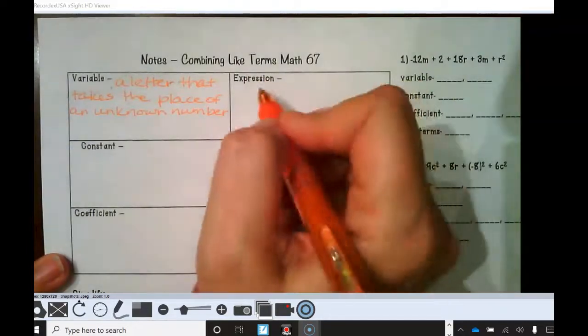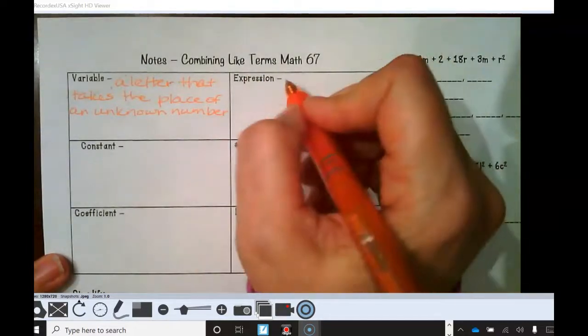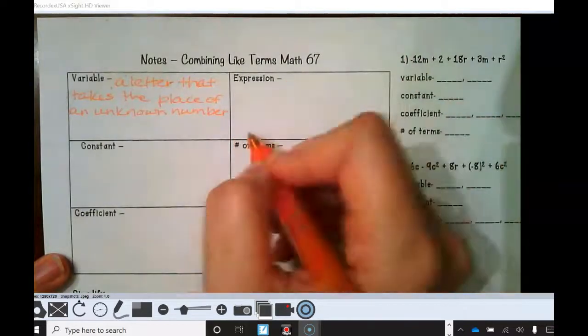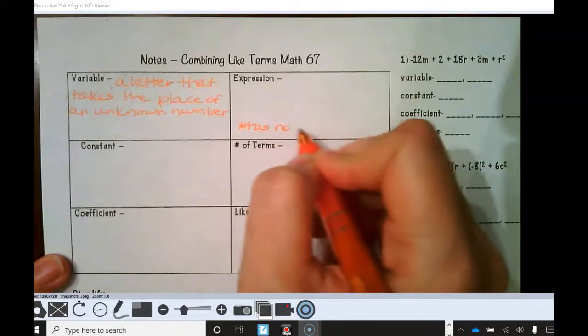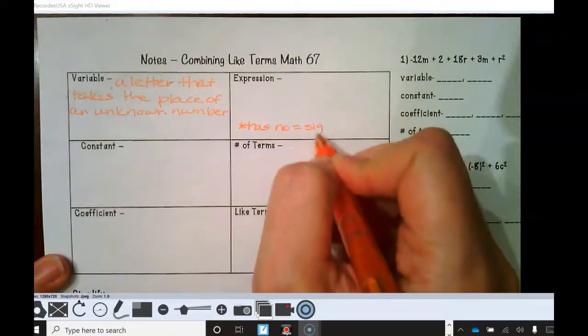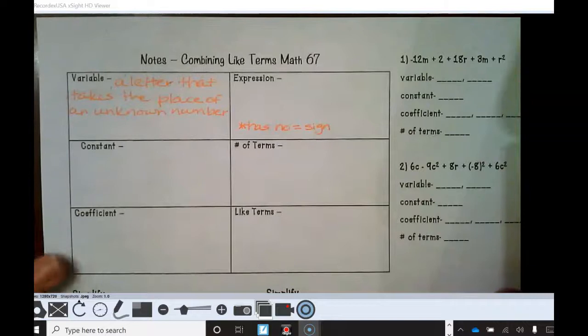Okay, an expression has no equal sign, so we're going to put a little star down here. Has no equal sign. If it had an equal sign, it would be an equation. Both sides would be equal.